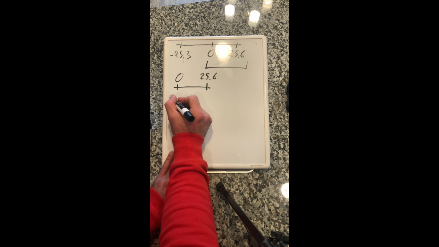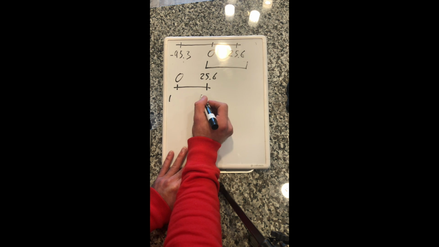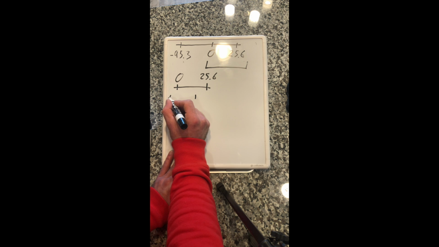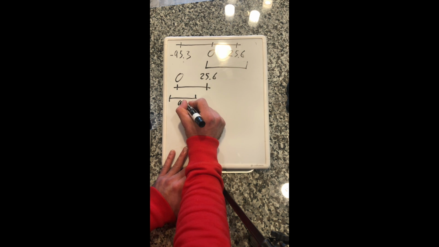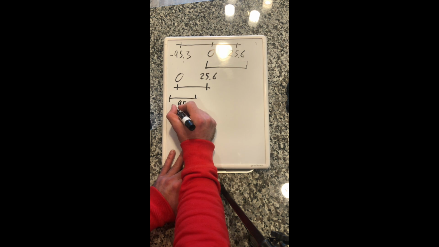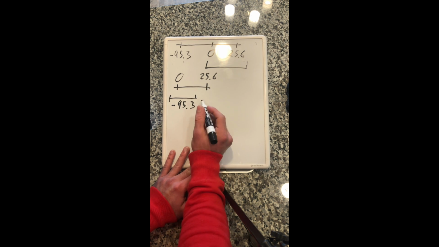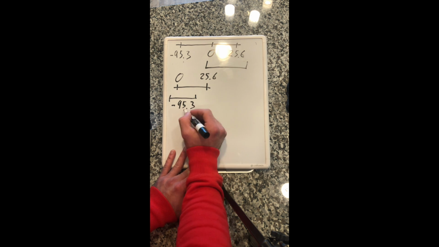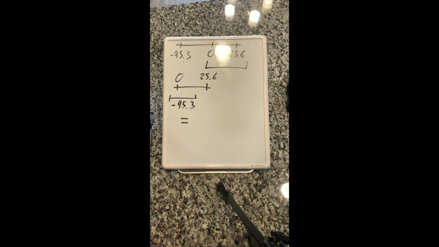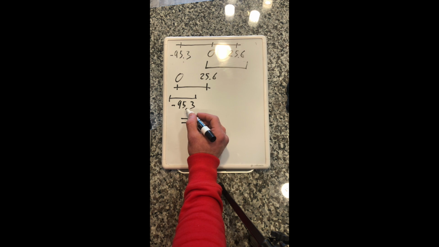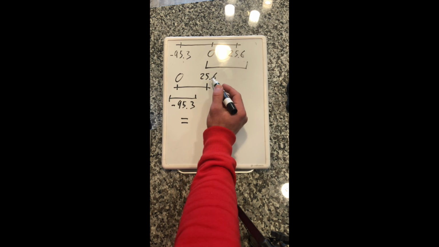It's hard for me to explain exactly what I'm talking about. It looks something like this. So we're just taking the compilation of those two. This is a negative value, of course. So the 25.6 minus the 95.3 is equal to 60 something. Because it's just going to be 25.6 minus that 95.3.